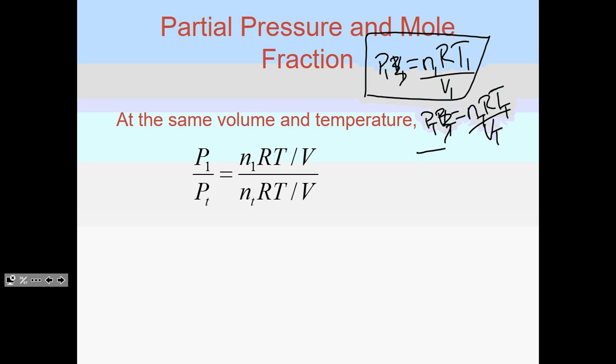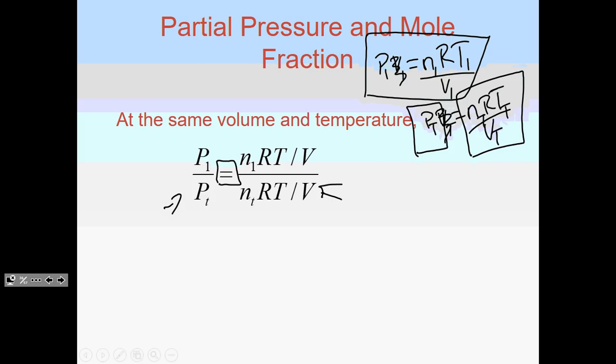Well, if P total equals n total R T total over V total, then they equal each other. And I'm maintaining the equality if I divide this side by P total, and P total is the same as nRT over V.